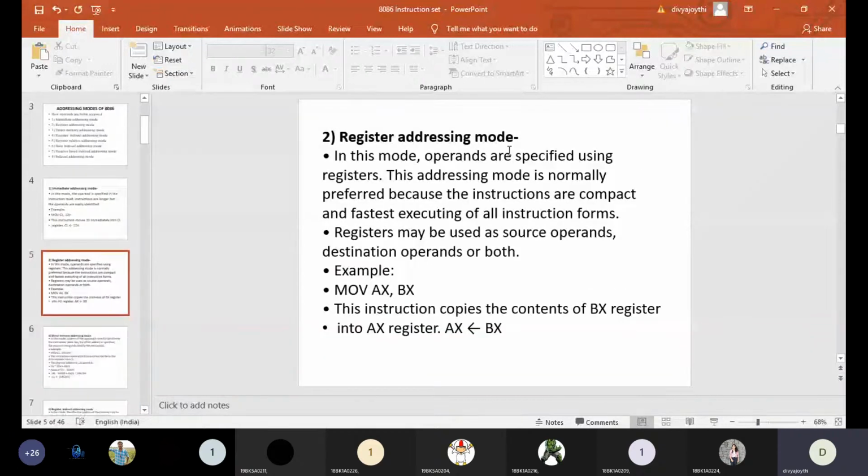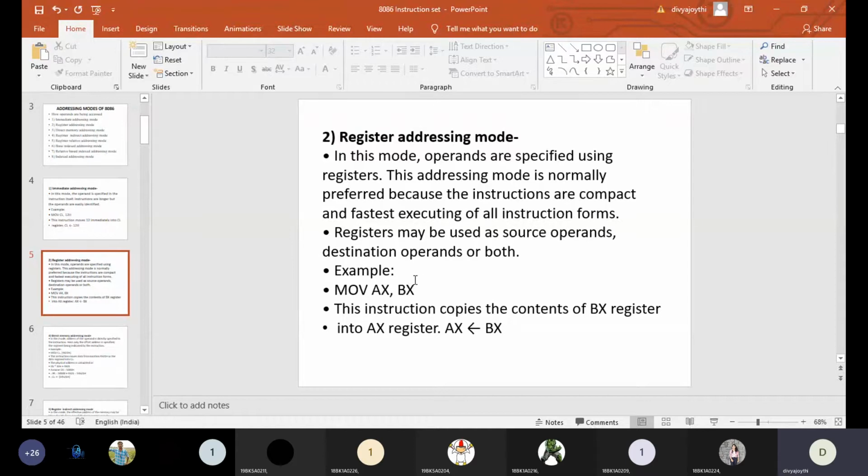Next, register addressing mode. In register addressing mode, data is not directly mentioned in the instruction. If you look at the example, move AX comma BX, there is data present in the register BX, and from BX you transfer that data to AX.